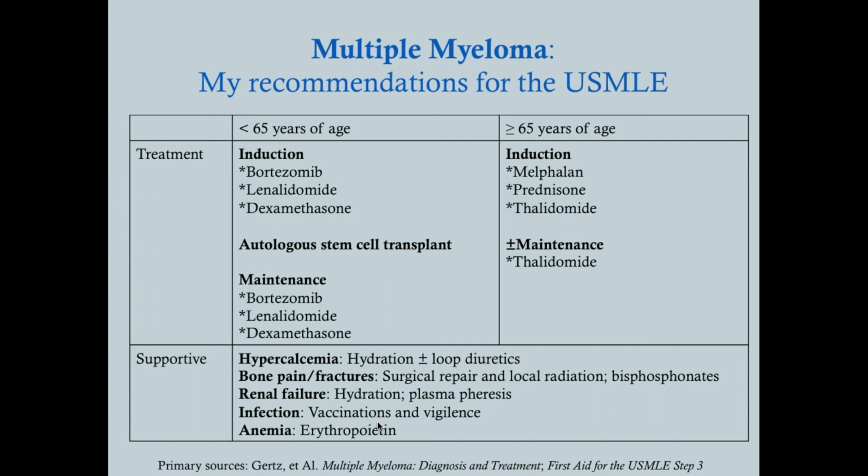Now remember that vaccinations do require the ability to make antibodies, which is going to be impaired in some patients with multiple myeloma, because if they have a really big bulk, they're going to have reduced normal antibody formation.